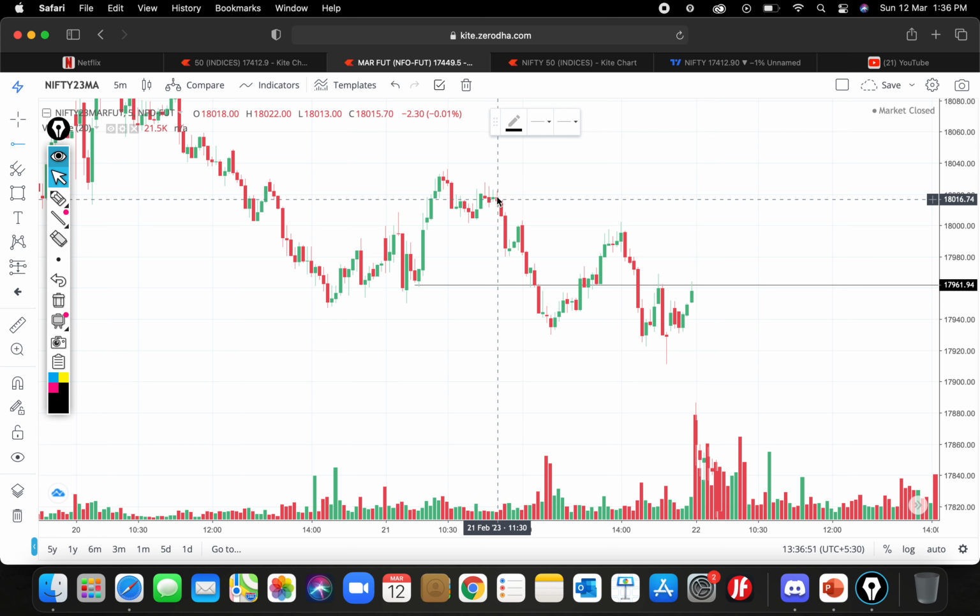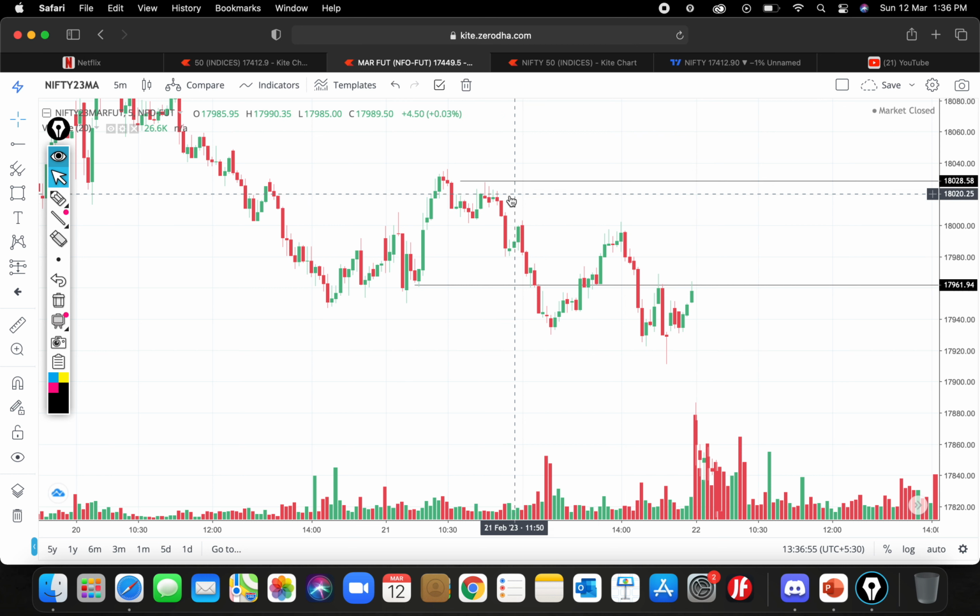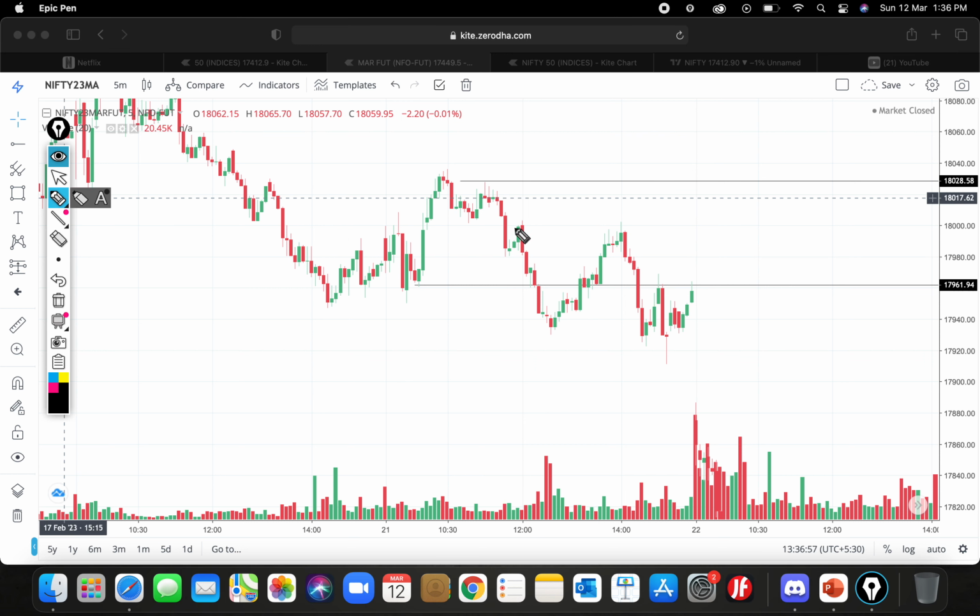This is where resistance was confirmed, and the previous swing high was this, so this was our resistance level. Once this support and resistance was created, we could see that the market was trying to push towards the lower side, right? Okay, so once our support was broken at this particular level, we were waiting for a pullback.